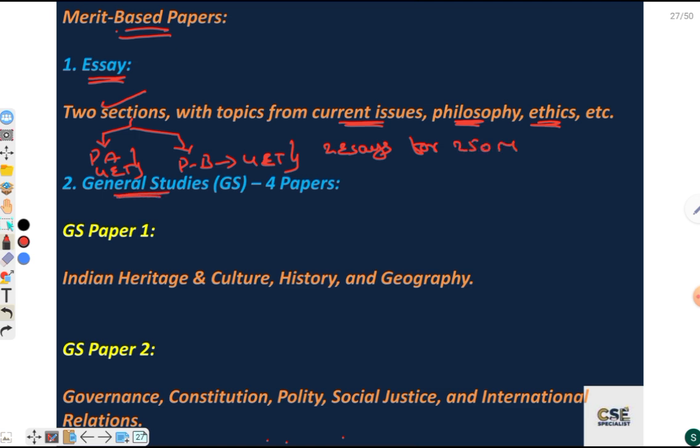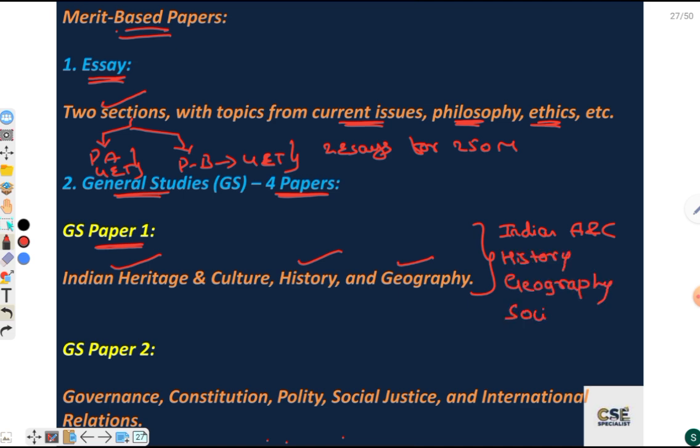Next, the GS papers. Here there are 4 GS papers. One is the GS1 paper. In the GS1 paper, the syllabus is Indian heritage and culture, history and geography. Here you have to cover Indian art and culture, history and geography, society. These are the total 4 subjects you have to cover in the GS1 paper of the mains.